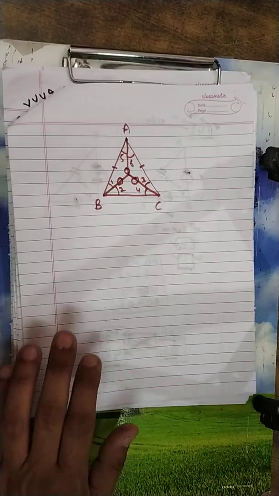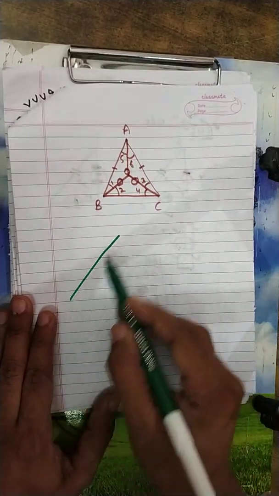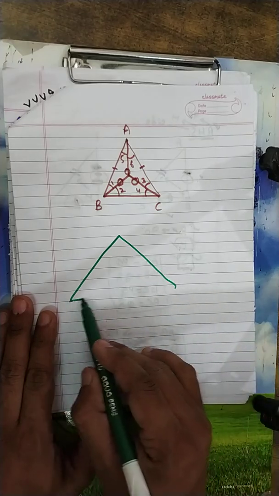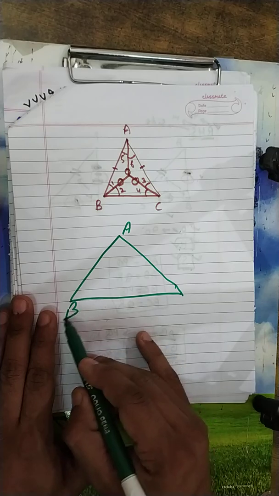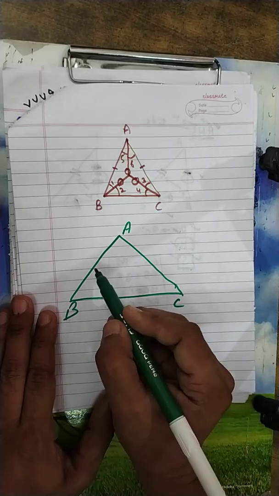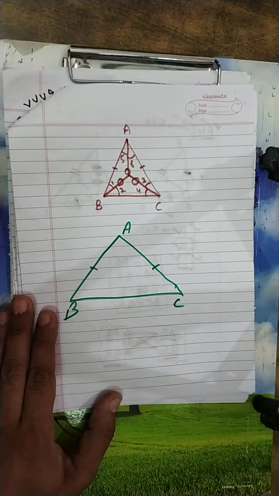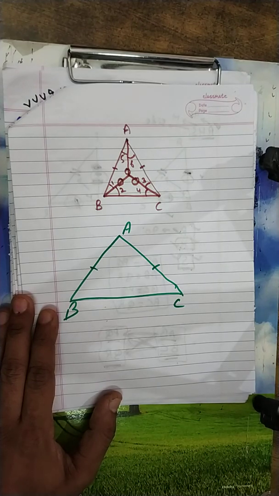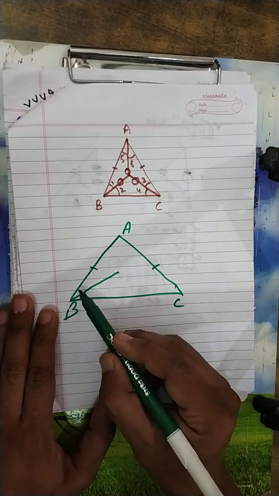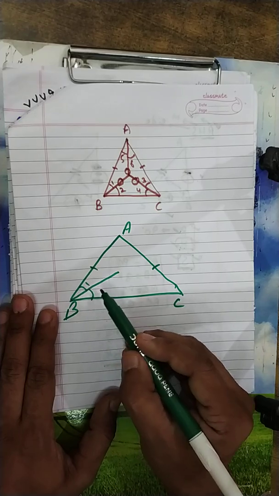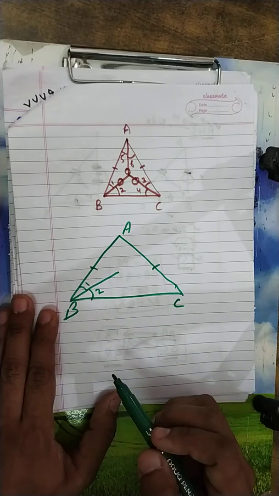In an isosceles triangle ABC, if it is an isosceles triangle, then AB equals AC. The bisector of angle B and C. Bisector of angle B, let it be angles 1 and 2, 1 and 2 equal to each other.